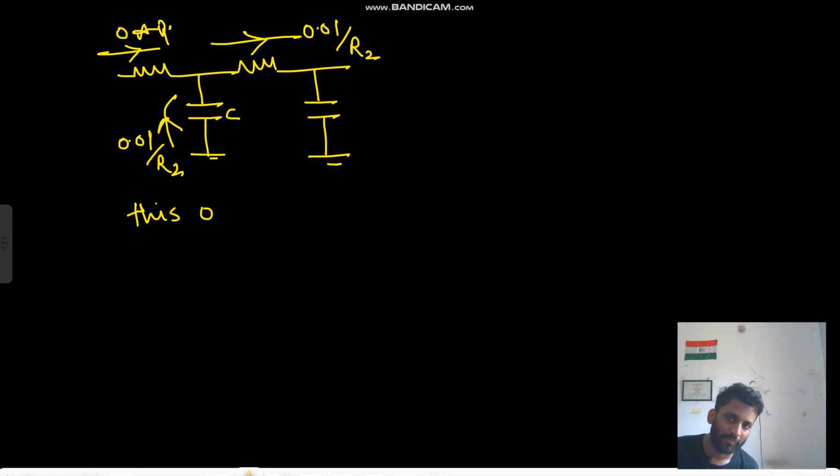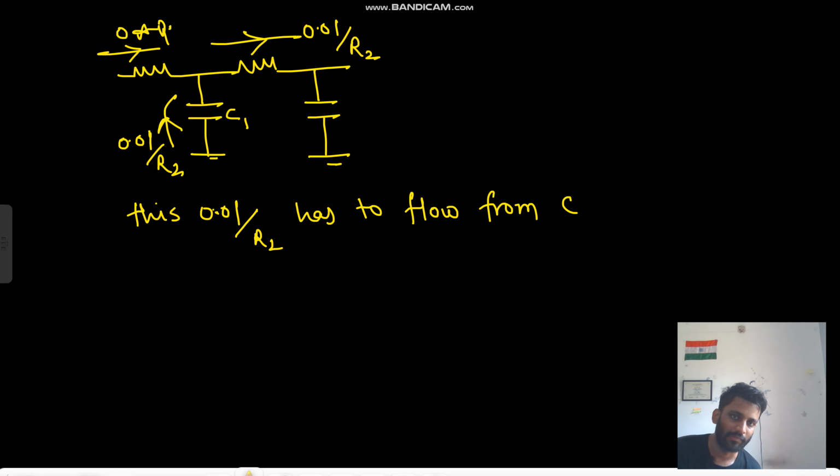This 0.01 by R2 has to flow from C1. That means it discharges the capacitor C1.